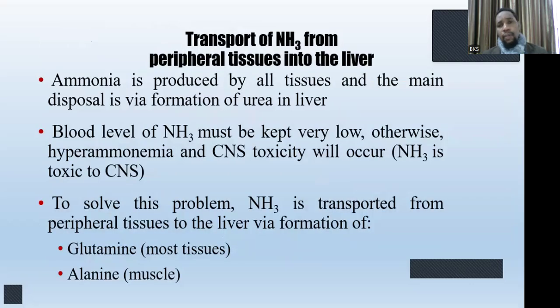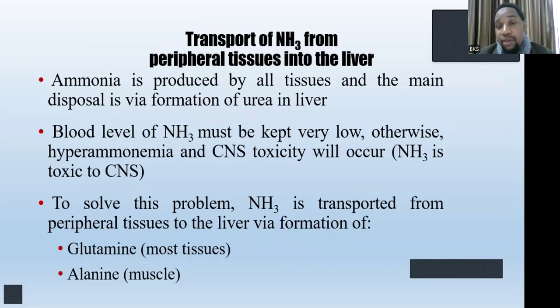So in all these reactions, we have the removal of the amino group in the form of ammonia. This ammonia, because the reaction takes place in almost all the organs and in the cytosol, is present in high amounts.